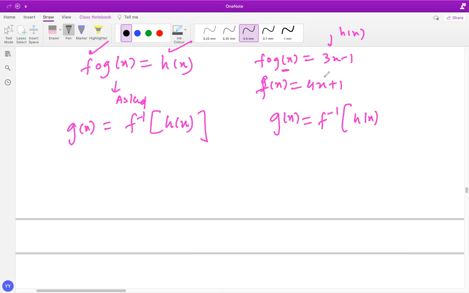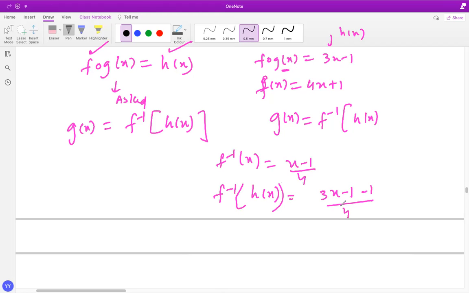So I'm going to find the inverse of this function, which is obviously f inverse of x is x minus 1 upon 4. Now f inverse of h of x, when you find it out, your h of x is this entire function. So it will be 3x minus 1 in place of x, minus 1, and the whole thing divided by 4. It will be 3x minus 2 upon 4, and that's nothing but your g of x. So that's about one part.